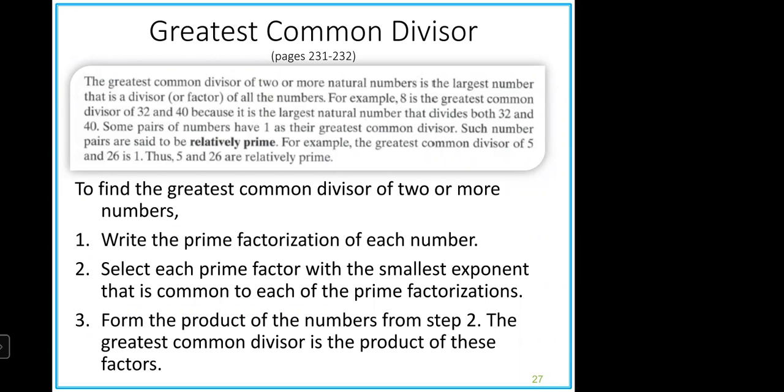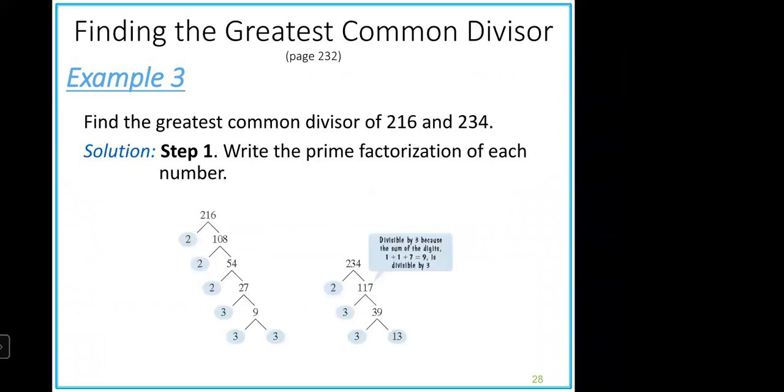Then select each prime factor with the smallest exponent that is common to each of the prime factorizations, and form the product of the numbers from step 2. The greatest common divisor is the product of these factors. It makes more sense when we do an example. We have this example where you're given 216 and 234 to find the greatest common divisor.